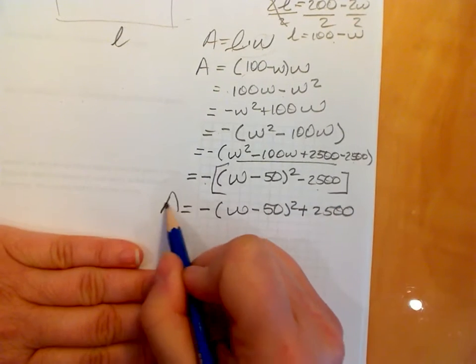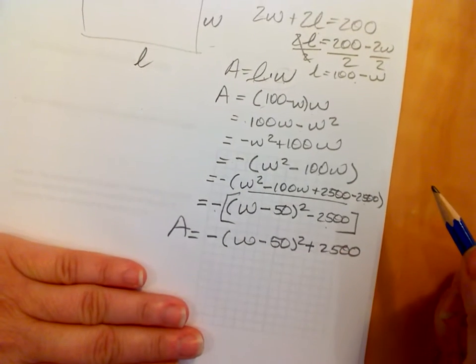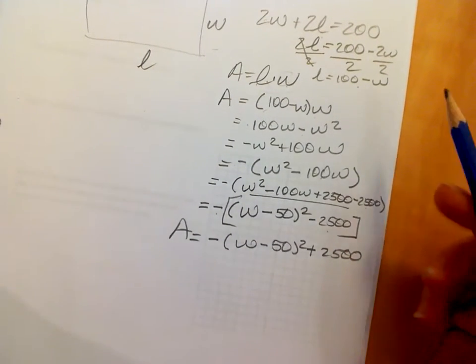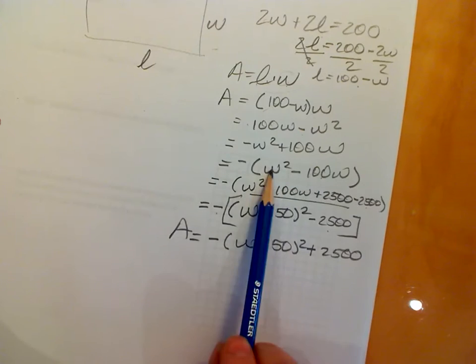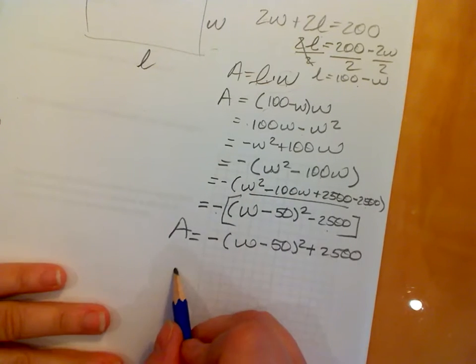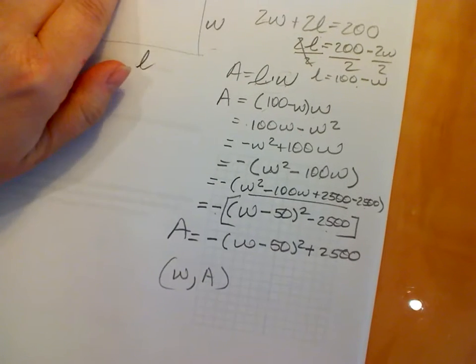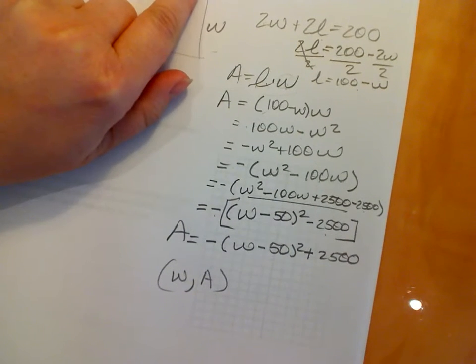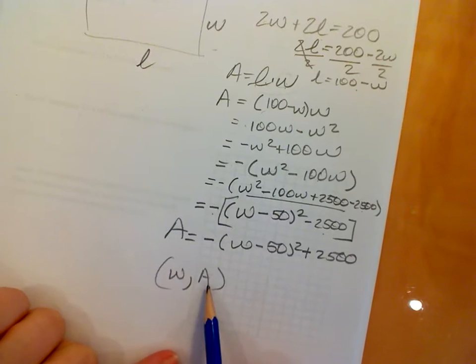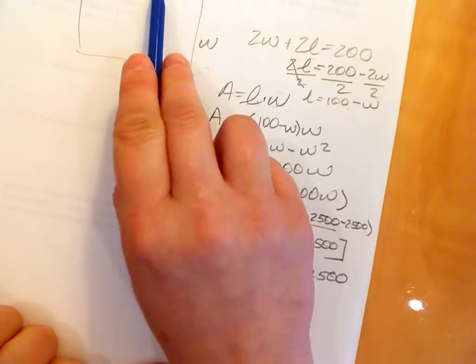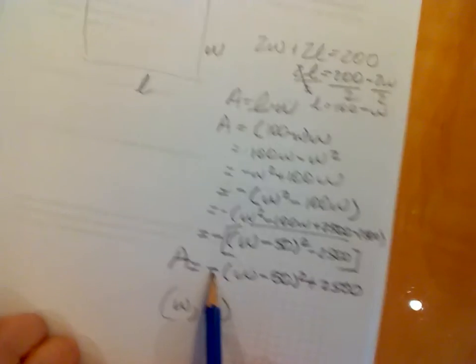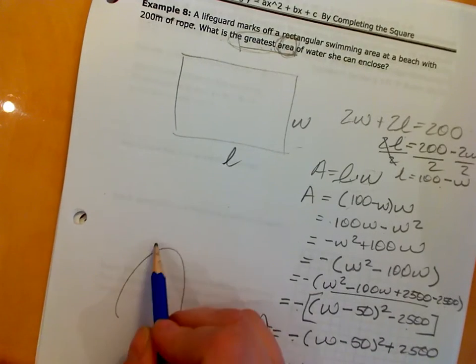So now let me look at this question. I've got W and A as my X and Y. It's W and A. So the question said, what is the greatest area of water she can enclose? So area is the Y value of my vertex. I know that I did the greatest, not the least, because concave down, right?